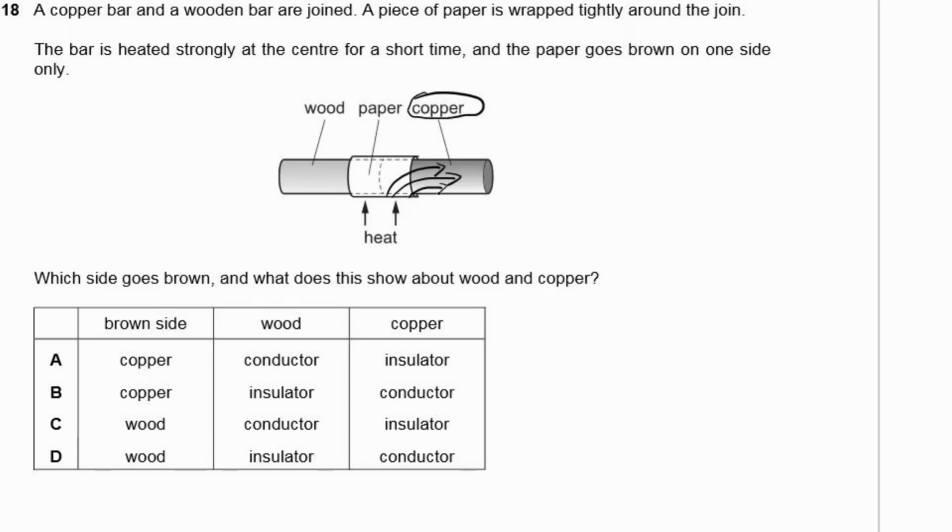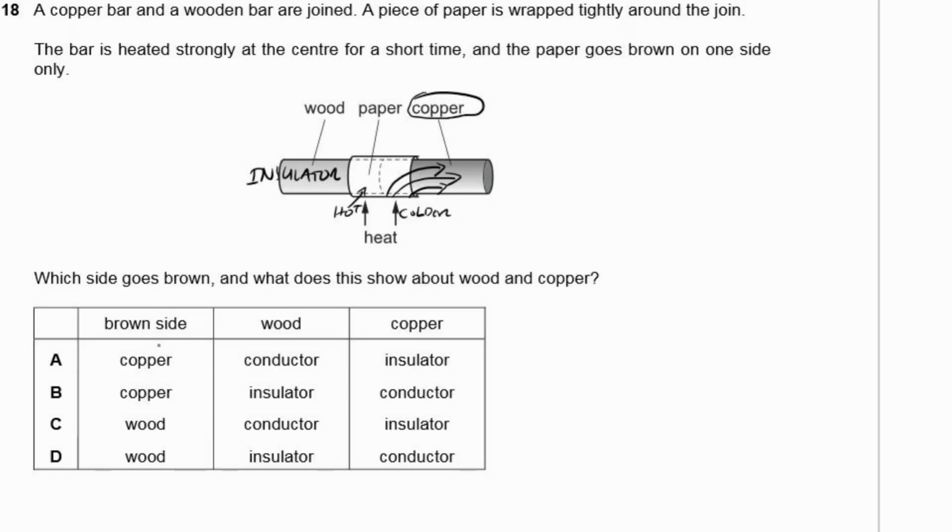And what that means is that this part of the paper will be colder than this part, which is hot. And the reason why is that wood is a bad conductor. It's an insulator, a thermal insulator. Which means that the heat in the paper stays in the paper and the paper gets hotter and hotter and turns brown.